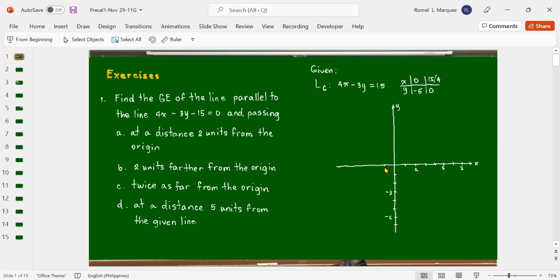Then positive 1, positive 2, positive 3, positive 4, positive 5, and negative 1, negative 2, negative 3, negative 4. Okay.